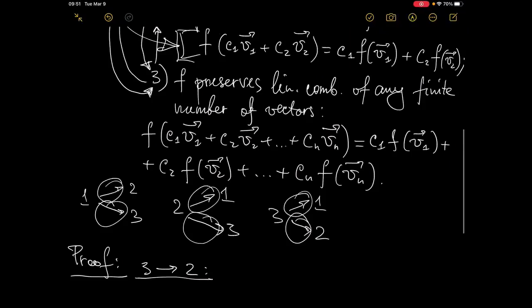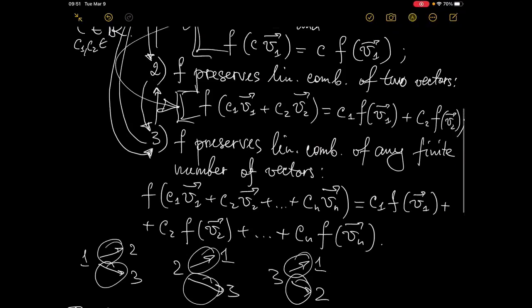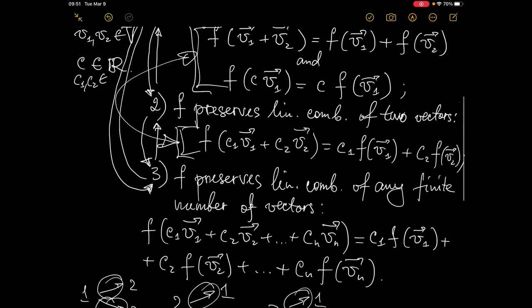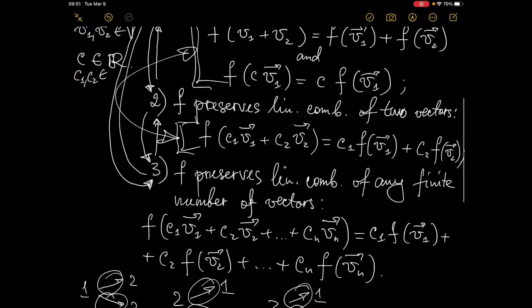When n is equal to 2, if I limit n by 2, I'm getting exactly statement 2. Is it clear or not? Thank you. So now, from 2 to 1.